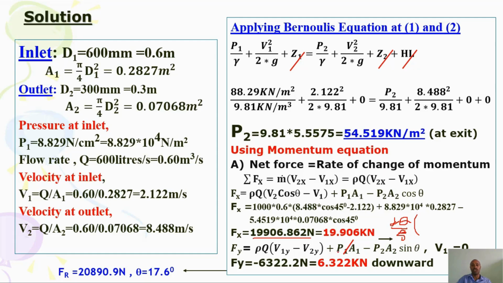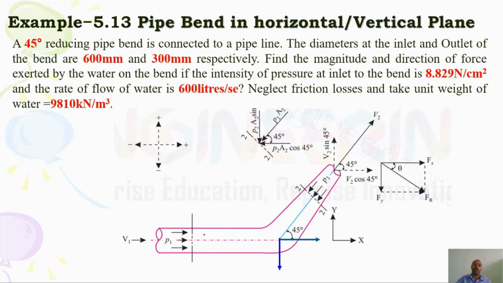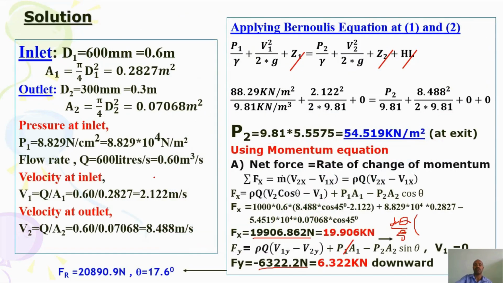Negative sign indicates the force in the y component is in the downward direction. Most of the time flow is going in this direction, but pressure may oppose it. Due to the pressure difference, pressure is in this direction, but at exit P2 is against this direction, while the flow is in the same direction, so that's why the result comes negative.